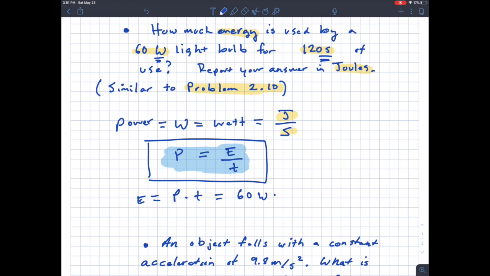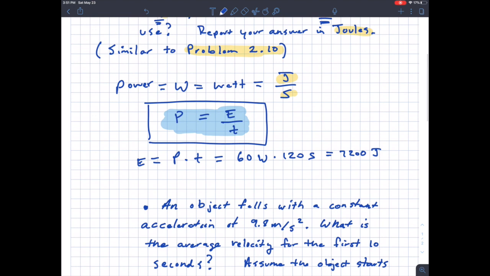It needs to be seconds to be dimensionally correct, and so we were given this to be 120 seconds. Okay, so that would be in joules, all right? So 60 times 120 is 7,200 joules, okay? And if you use the prefixes like you saw from the reading, this would be 7.2 kilojoules.